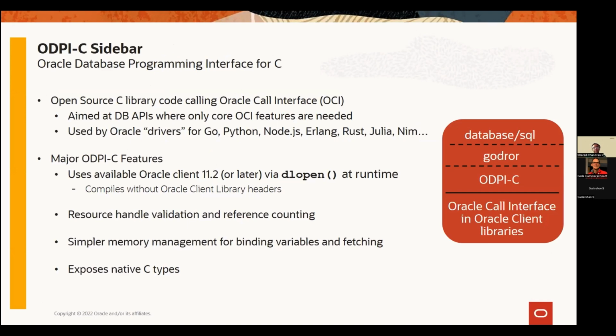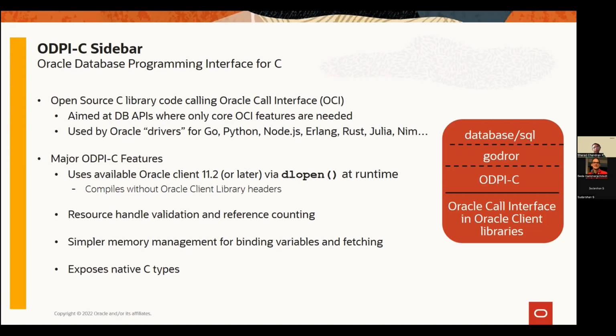Just a sidebar on ODPI. ODPI is the Oracle Database Programming Interface for C, which was developed by one of our esteemed colleagues, Anthony Tuininga. It's an open source C library for calling the Oracle Call Interface, the native C libraries of Oracle used to access Oracle Database.